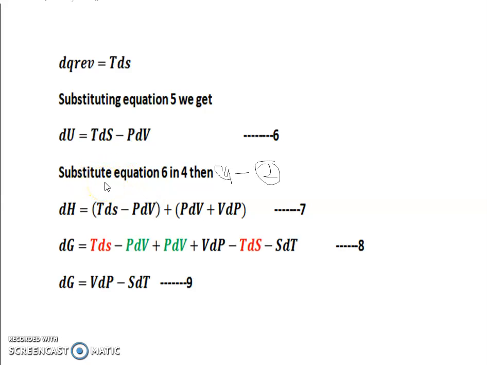Then substitute this in equation 4 and then equation 2.